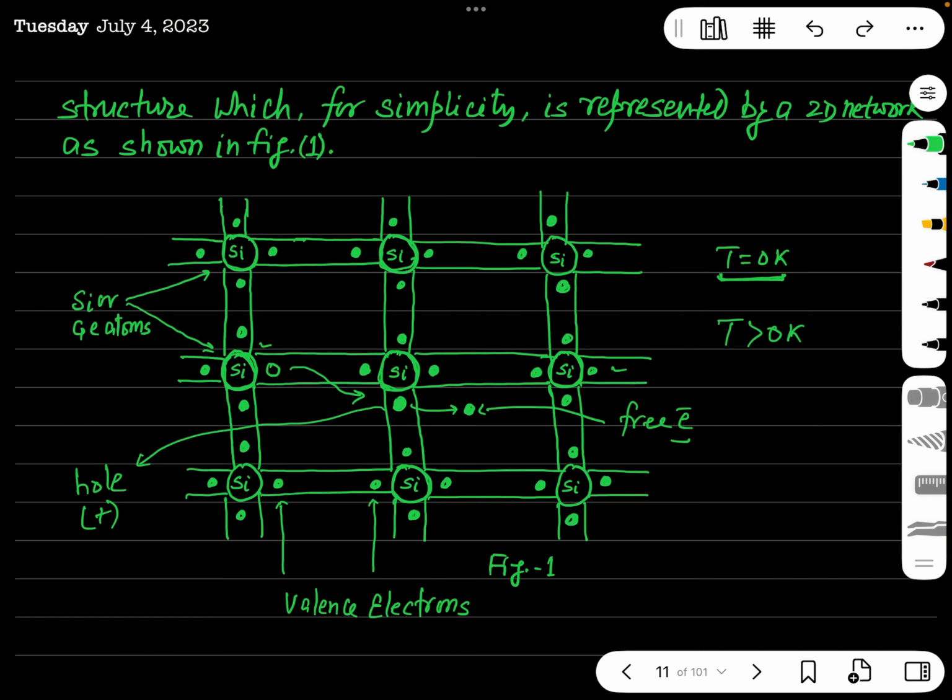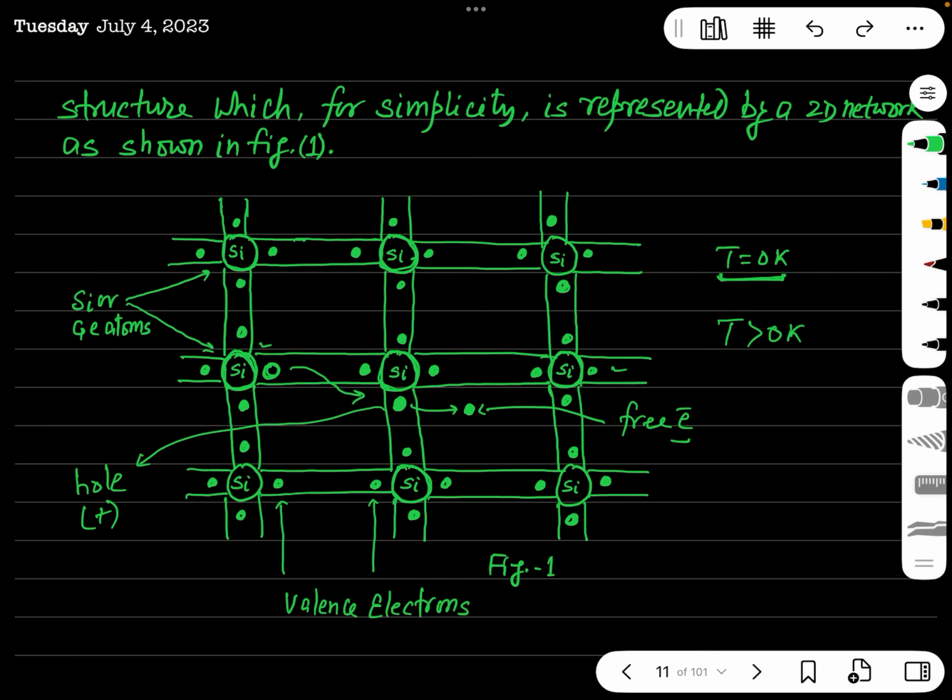So you can see as this electron moves randomly inside the crystal, the hole which was initially at this position is now at this position. So you can say that this hole is also moving randomly. And the number of holes and the number of electrons is the same. Here you can see there is only one free electron and there will be then only one free hole.